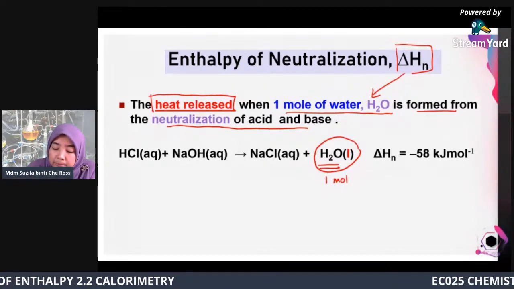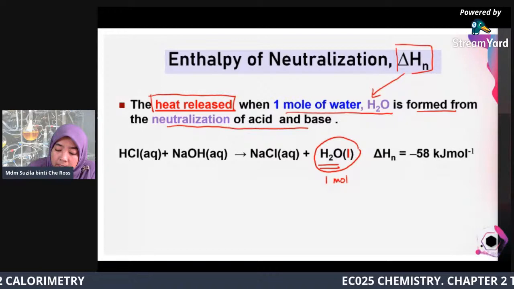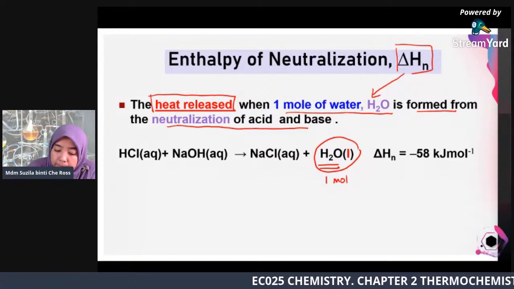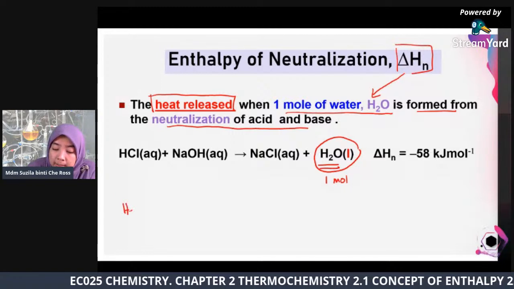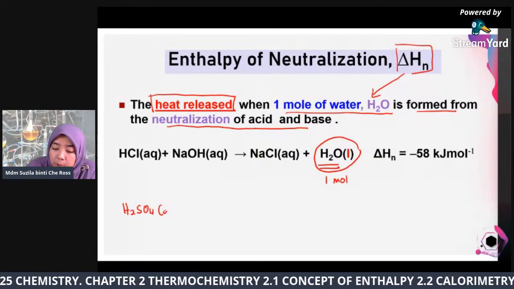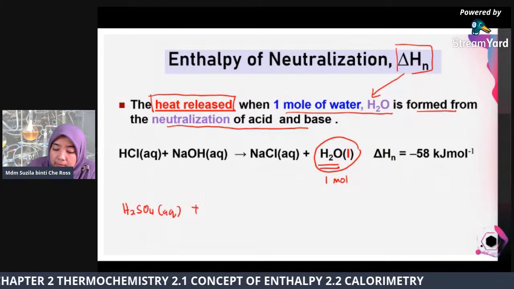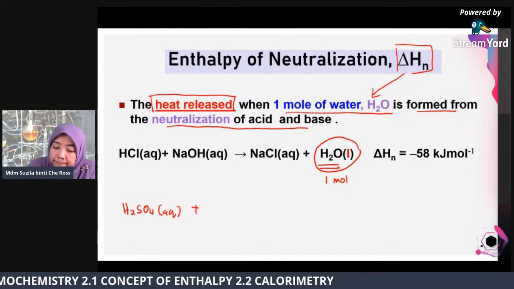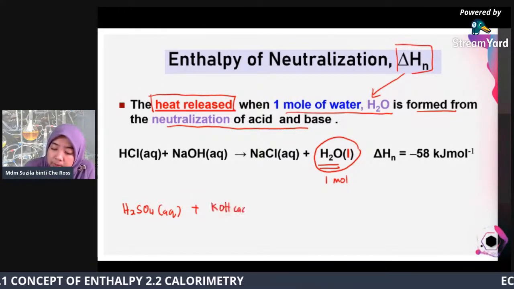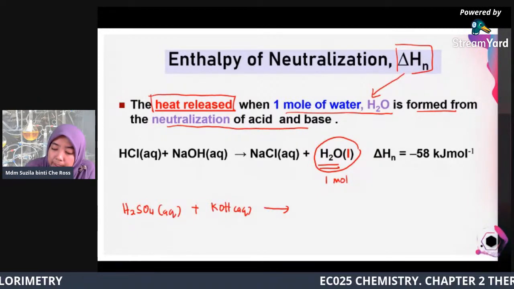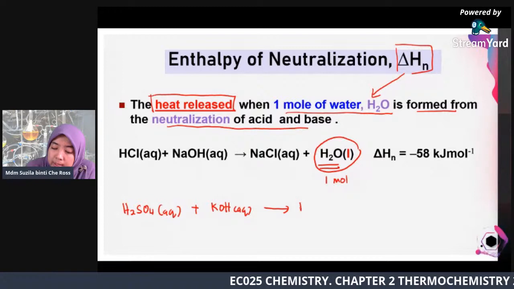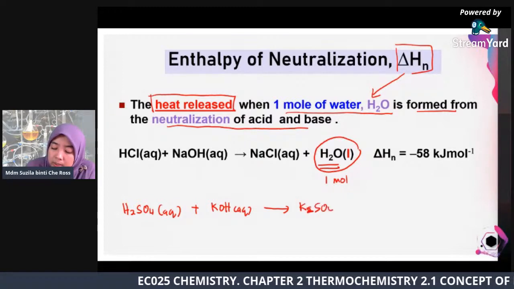Another example, maybe you can use H2SO4 plus the base potassium hydroxide to form potassium sulfate plus water.